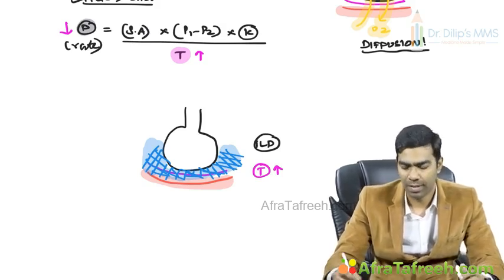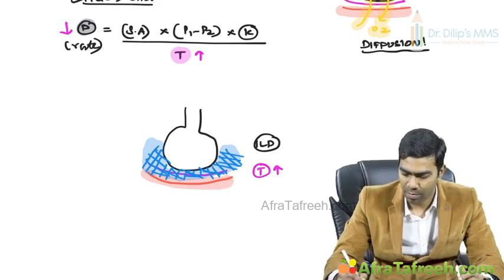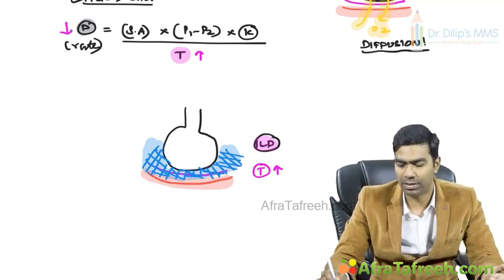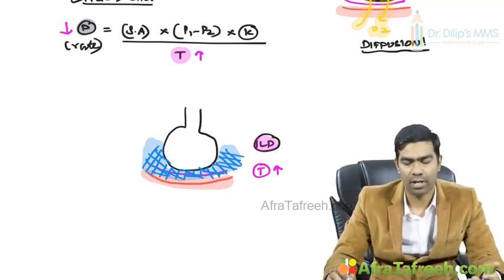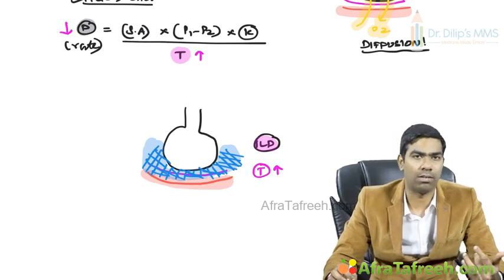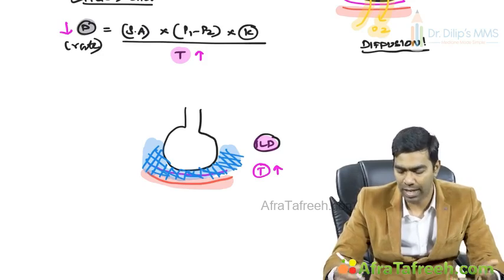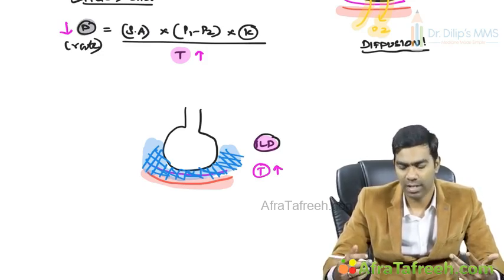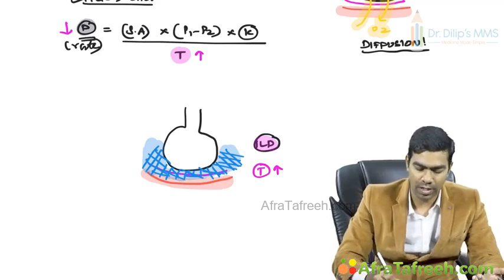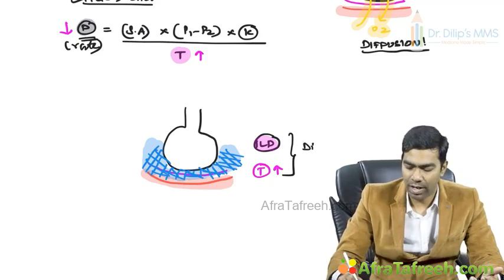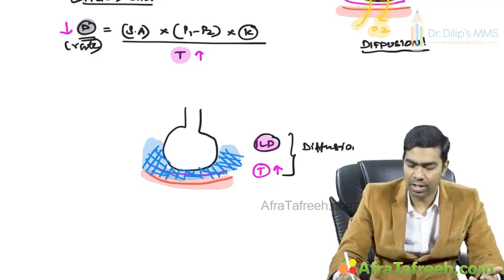It could be fibrosis, accumulation of a fibrotic substance in idiopathic interstitial pneumonias, or it could be water in the form of pulmonary edema, or it could be anything. Anything that increases the thickness of the interstitial membrane is going to reduce the diffusion. So one classical example where you will encounter diffusion limitation is interstitial lung disease, ILD.